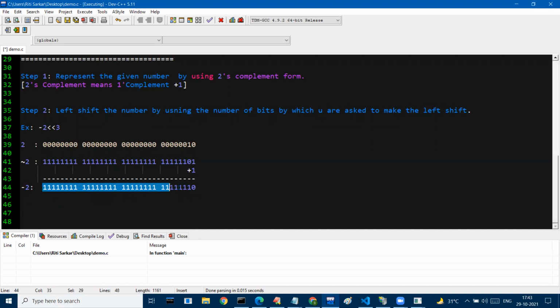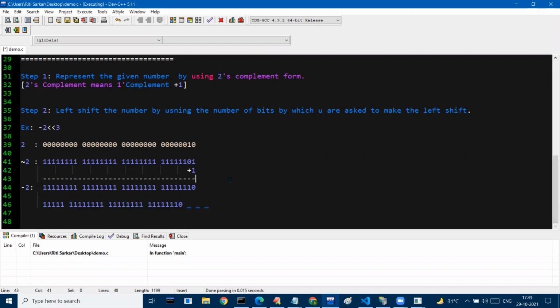All the bits are shifted towards the left, so on my right hand side, 3 vacant positions will be created. This is how the number looks now: this, and 3 vacant positions.